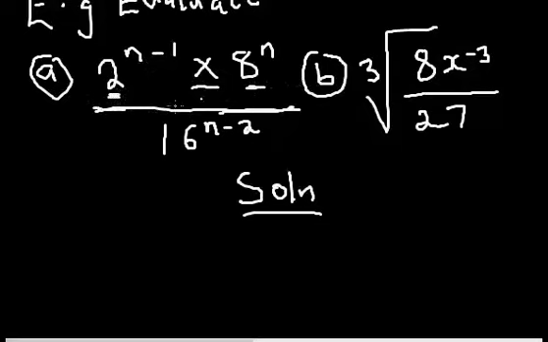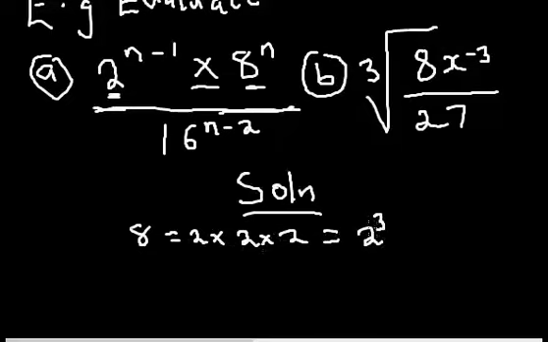Before I can apply multiplication law between two indices, they must be on the same base. So that means I have to convert this 8 raised power n into an index. I know very well that 8 is 2 times 2 times 2, right? So already we know that 8 is 2 raised power 3.